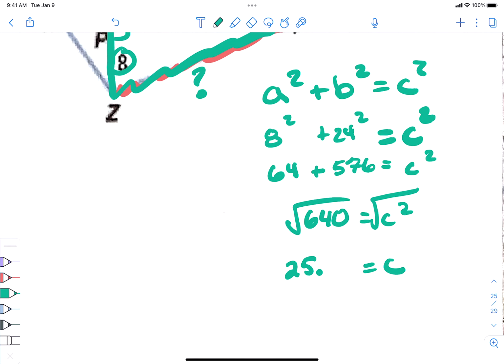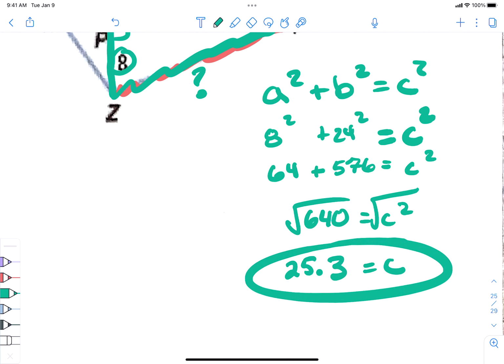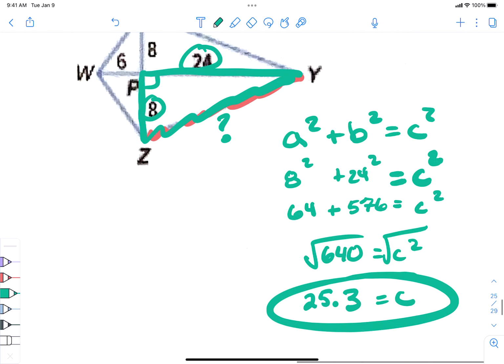And we'll just leave it as a decimal. The square root of 640. What'd you get? 25. Yes, that's it. Which makes sense. It should be the longest side, so 24 is one of my sides, 25.3. That's okay. Sounds good. Okay, good.